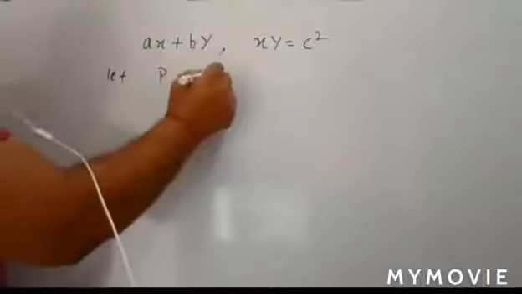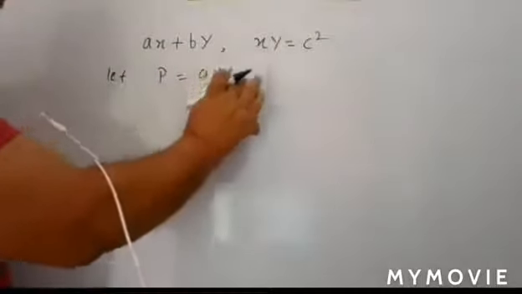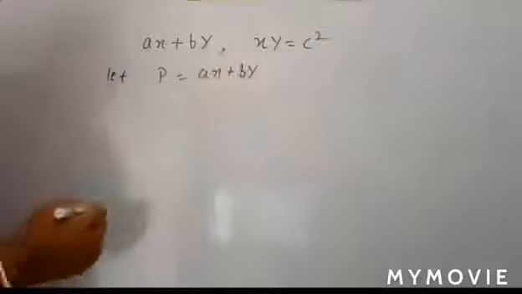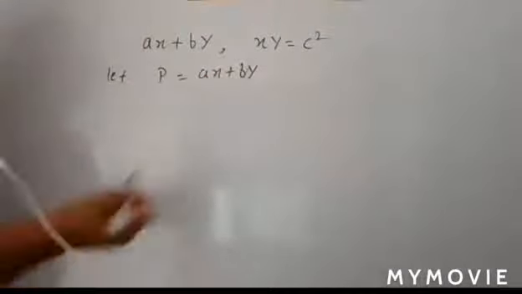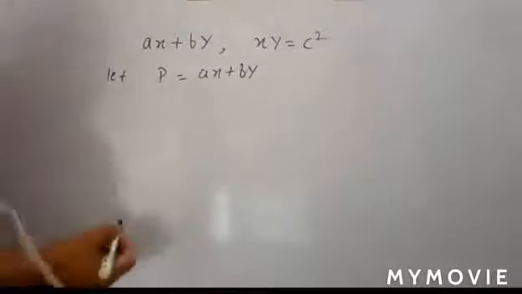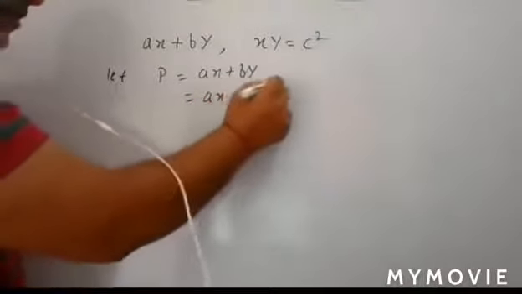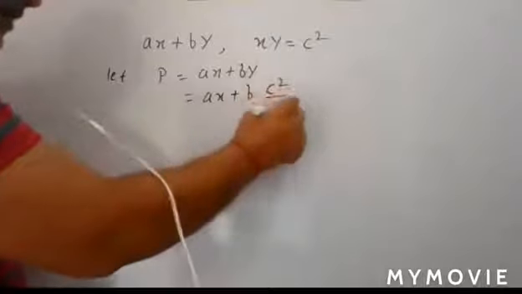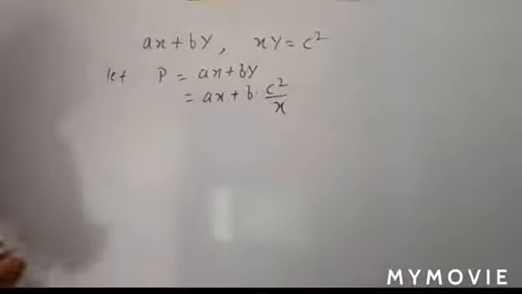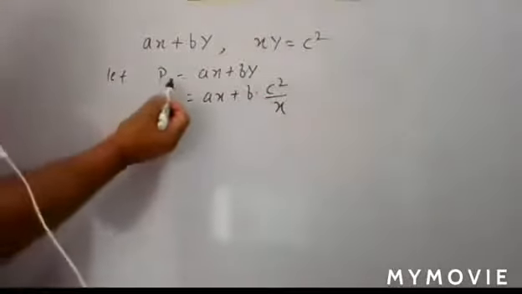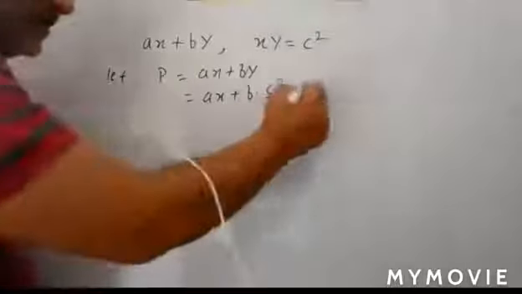So p is equal to ax plus by. Now you convert it in one variable with the help of xy is equal to c square. So that is equal to ax plus b into c square upon x, and you have to find the minimum value of this function.